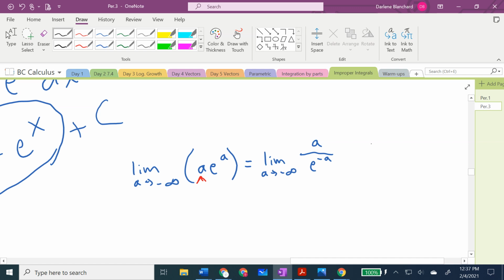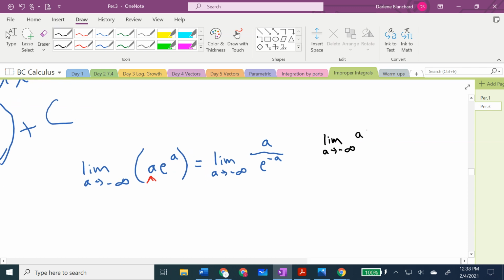Now, I need to make this very clear. On an AP exam free response problem, if you need L'Hopital, you must state the two limits separately. Limit of the numerator, limit of the denominator, not together, separately. You have to write this out.